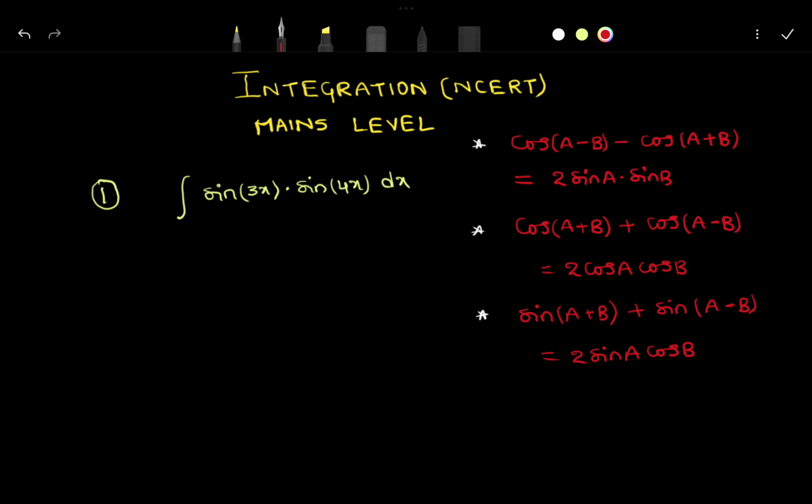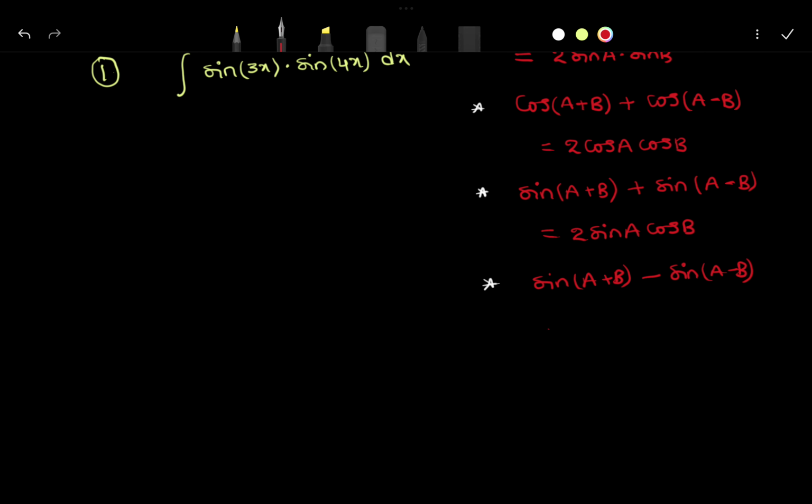And the next result: sin(a plus b) minus sin(a minus b) equals 2 cos a sin b.